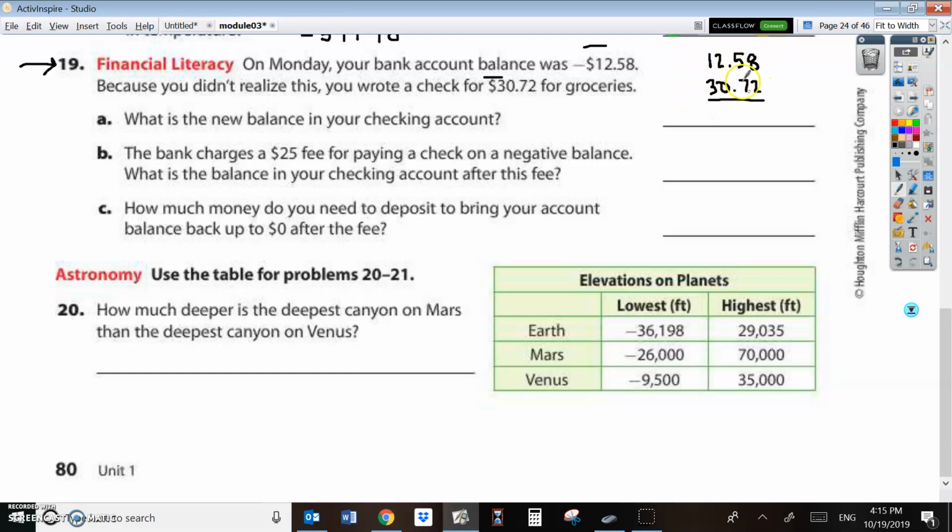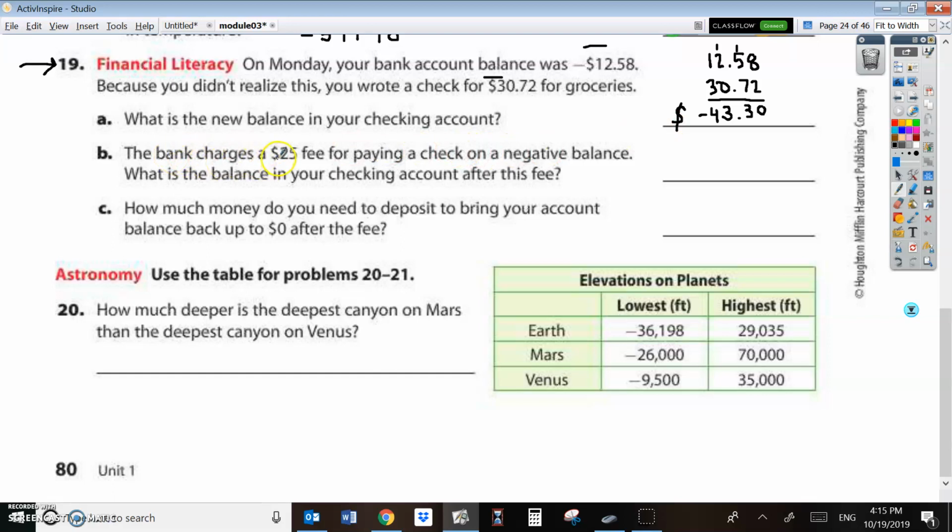So add it and keep it negative. And keep it negative. And that's money. And that's your change.